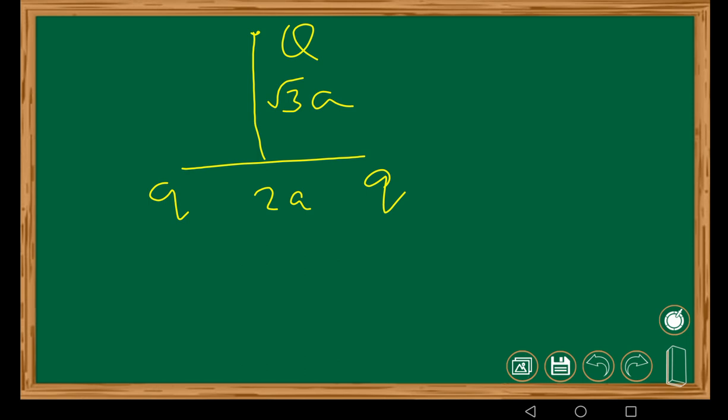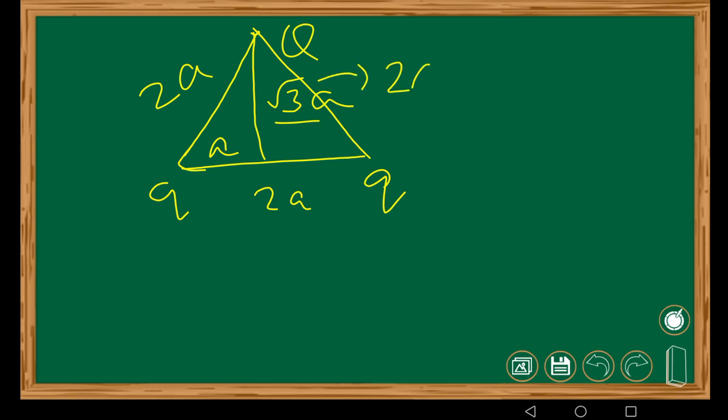Here, how can we find the force on capital Q? First we draw these two lines and find the separation, the distance. This is a, this is root 3a, so by Pythagoras theorem this comes out to be 2a and this also comes out to be 2a.